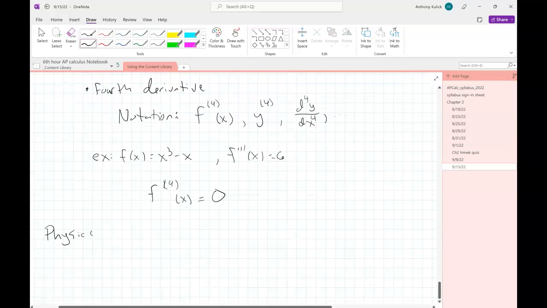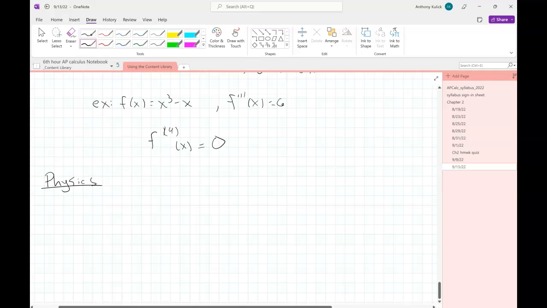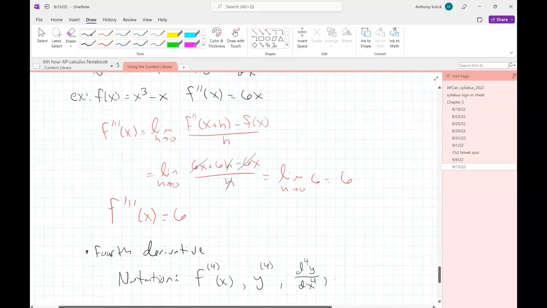So suppose that we have a physics situation, and that we have some function y equals s of t. That's our position function. Okay? Oh, I remember. Yeah. So, when we did the third derivative, you plugged in 6x to the x.